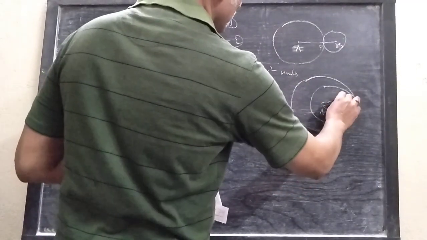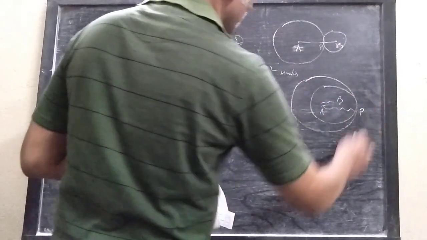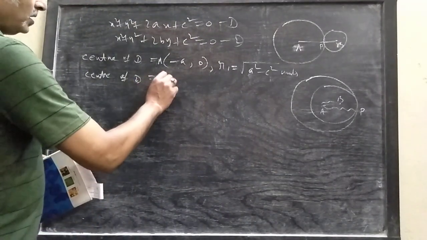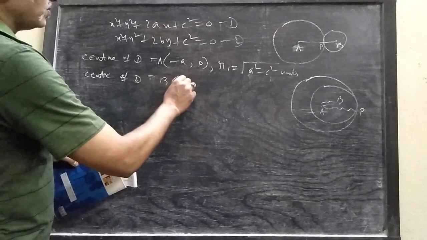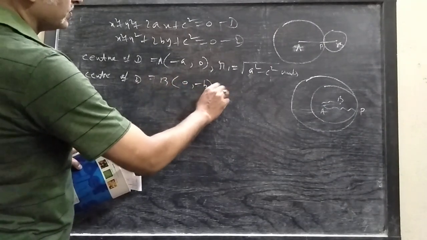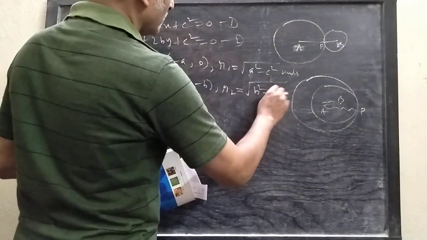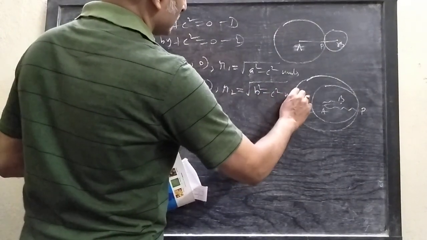This is A, this is B. This is the point of contact P. Center of 2, capital B, will be 0, minus b, and its radius, say r2, will be equal to root over of b square minus c square units.